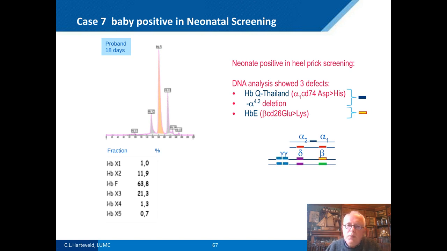And the baby was carrier of hemoglobin E, which is very common in Thailand and Cambodia and Vietnam, etc., so in East Asia.